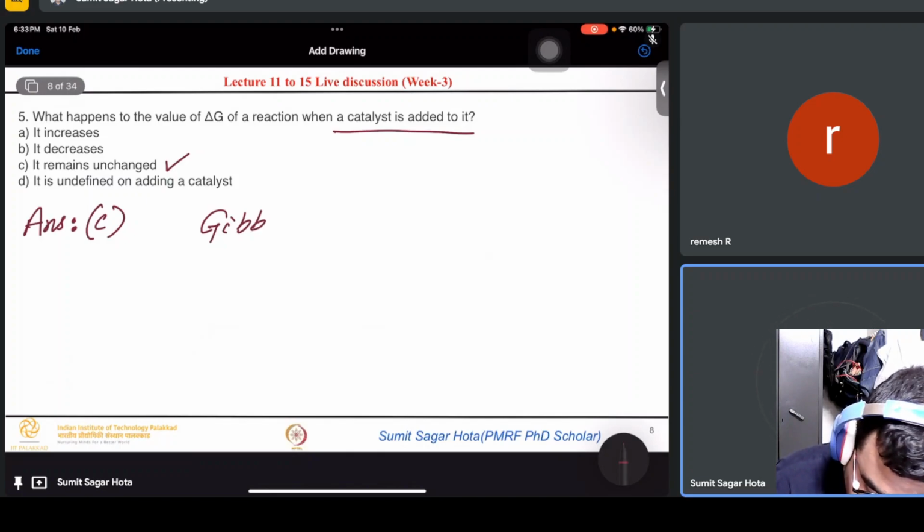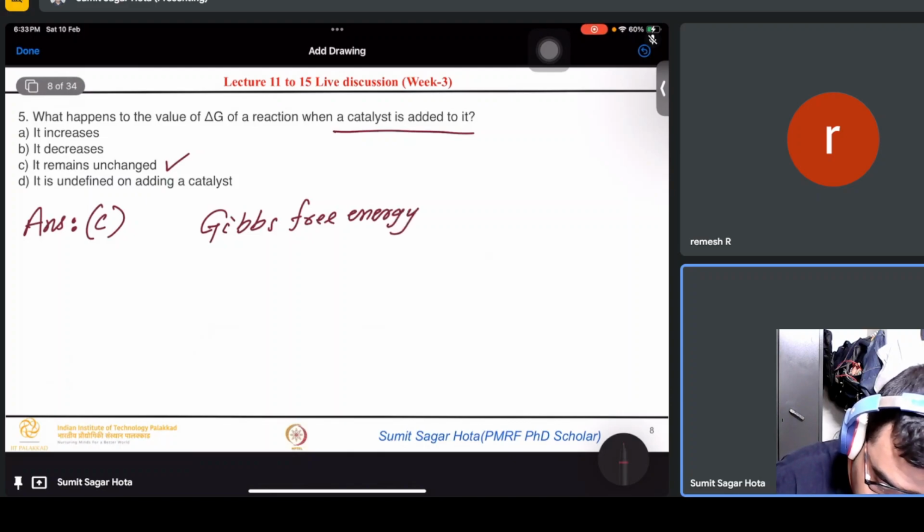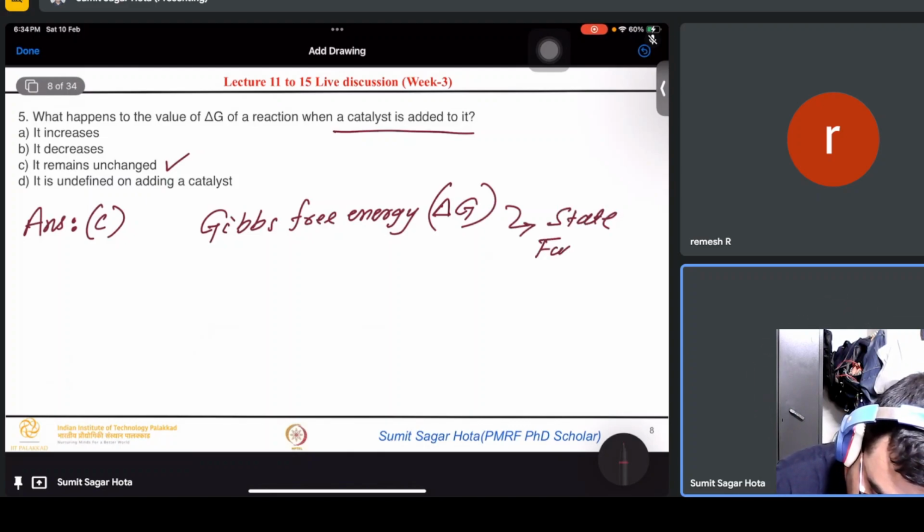Delta G is a rate function. So that means what?